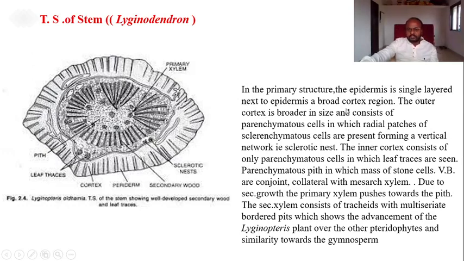Next to the epidermis there is a broad cortex. The outer cortex is broader and consists of parenchymatous cells, in which radial patches of sclerenchymatous cells are present, forming a vertical network of sclerotic nests. The inner cortex is parenchymatous, which is soft, and the leaf traces are there.